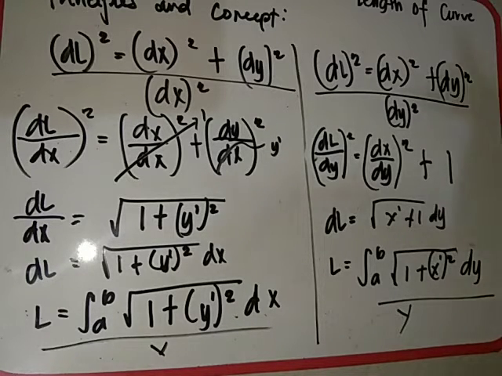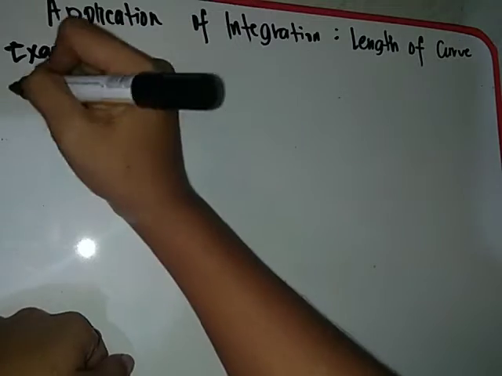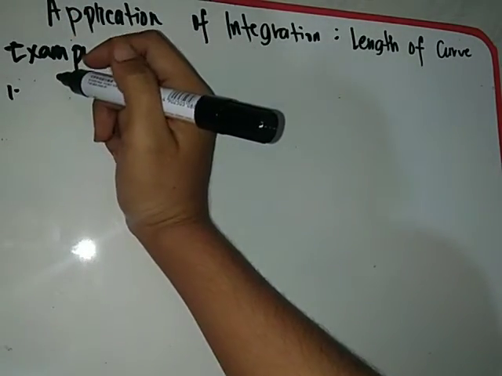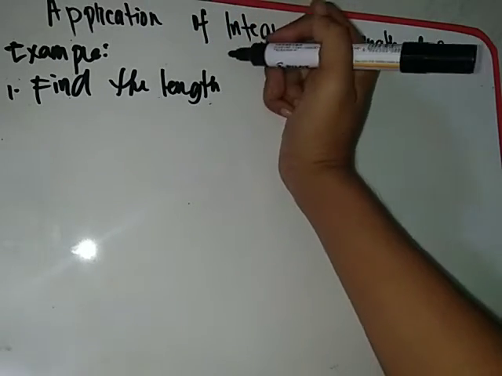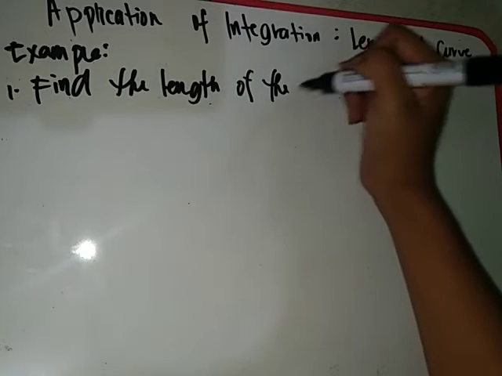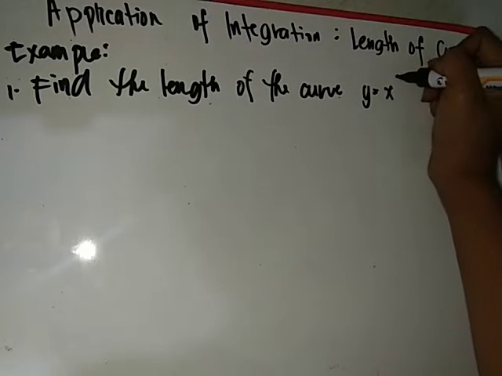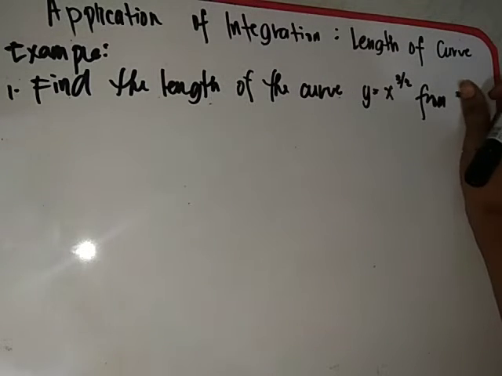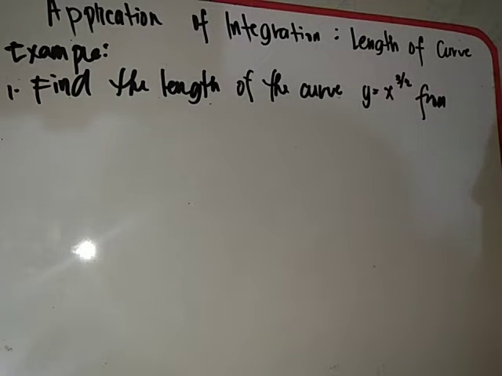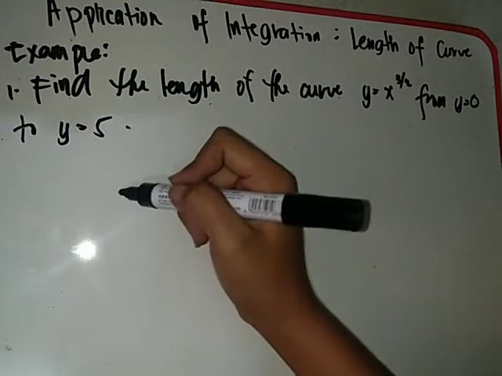So let's have an example. Example number 1 is: find the length of the curve y is equal to x raised to 3 halves from y is equal to 0 to y is equal to 5. So let's draw the graph.